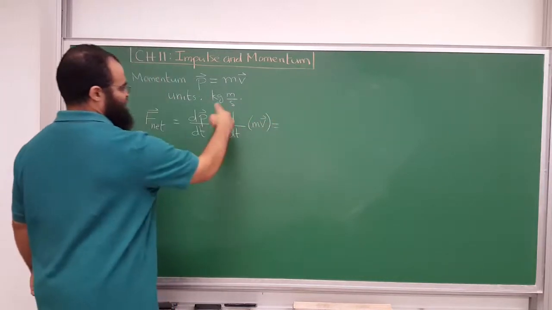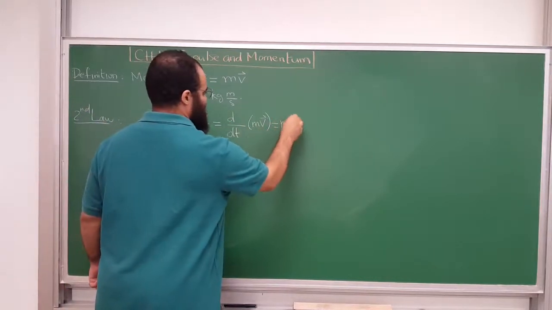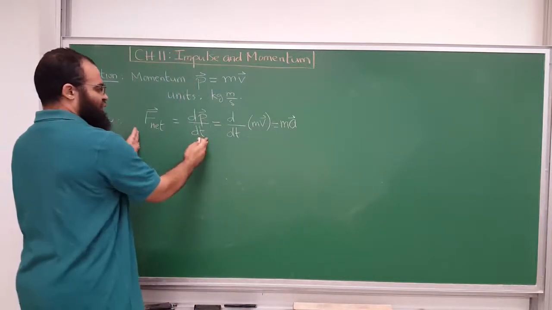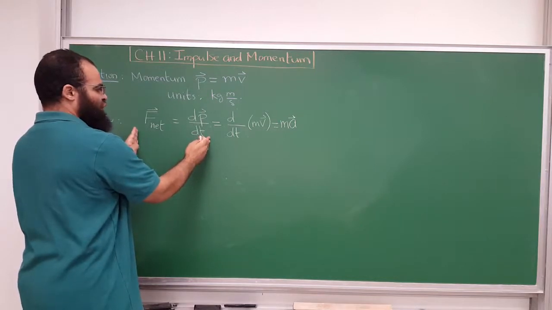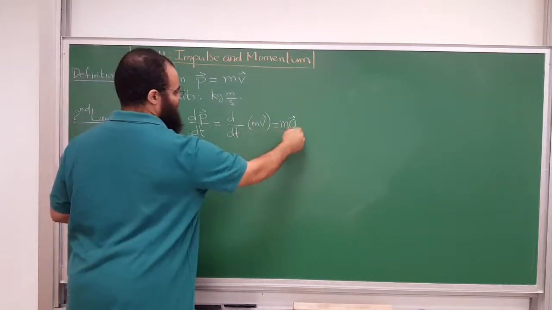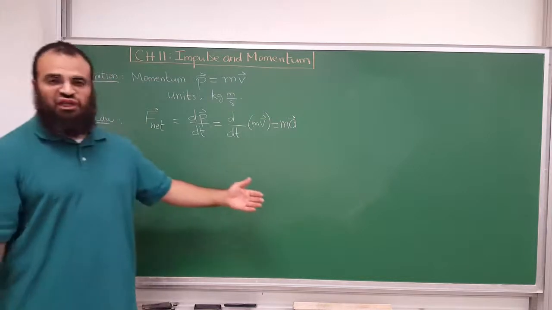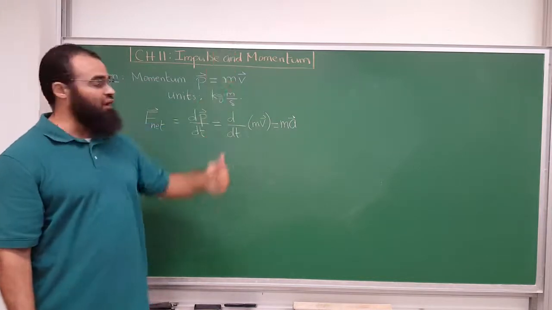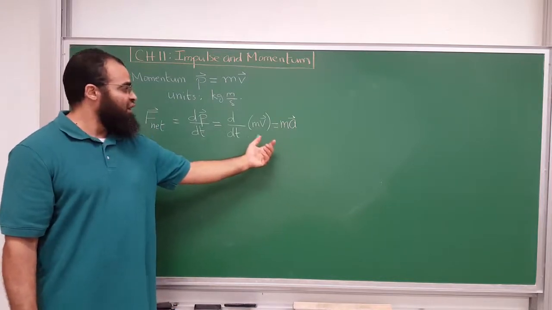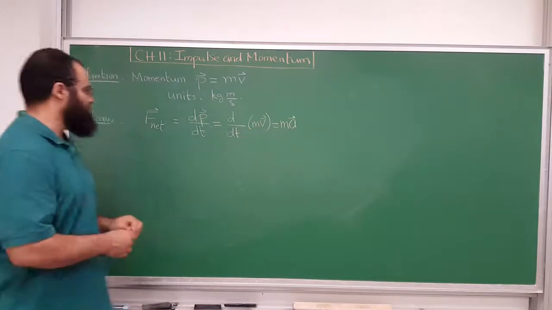If the mass is not changing, it comes out, and you just have the mass times dv/dt, which is a, the acceleration. So this is the more general form of Newton's second law, and going from here to here is a specific case where the mass is constant. Toward the end of this chapter, we're going to talk about the motion of a rocket as it goes up. Its mass will significantly change, so the mass is no longer constant, and we will have to be careful with this term here, as we will see.